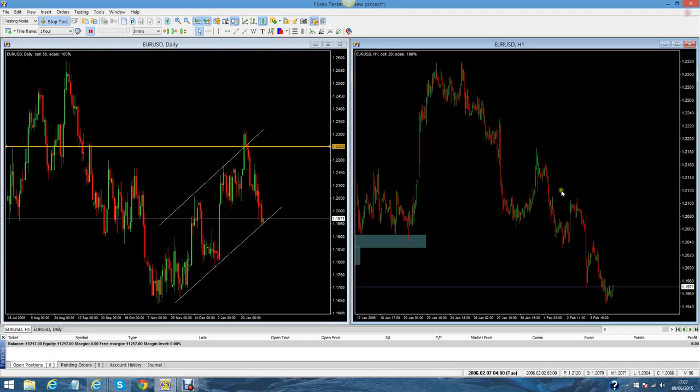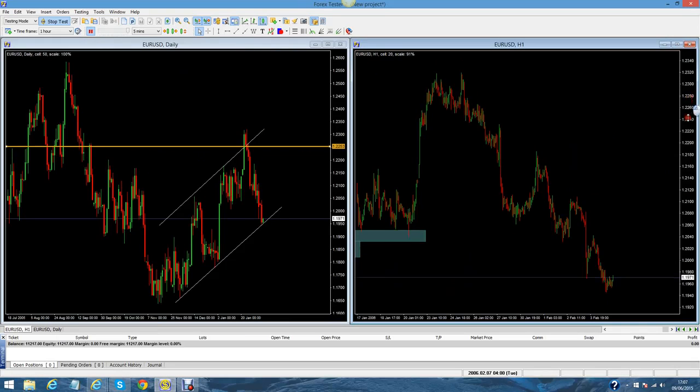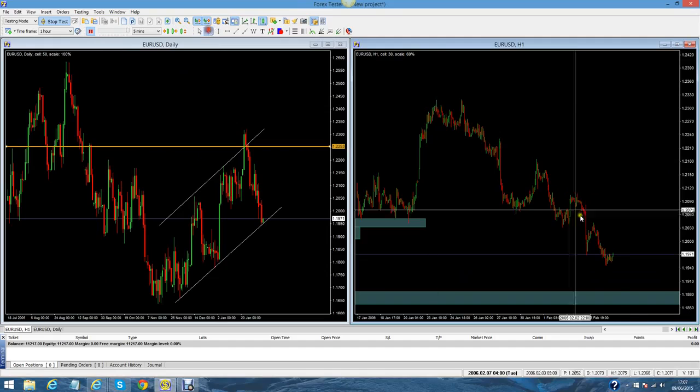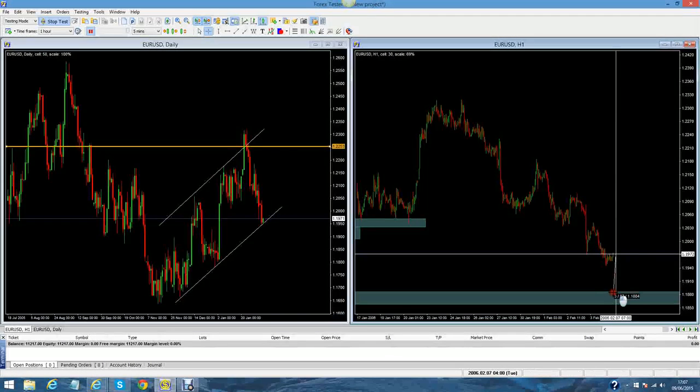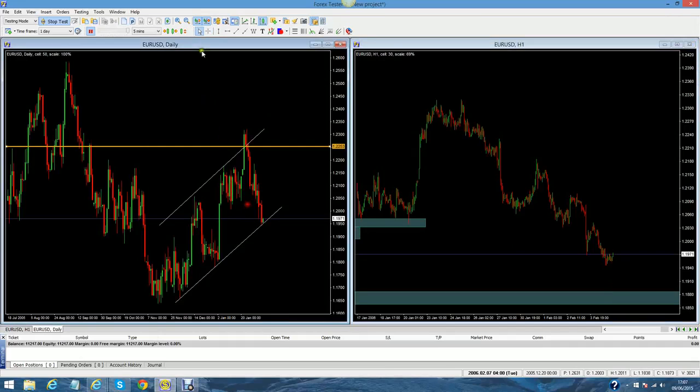Okay, the daily is the filter. Let's just see how many pips, wick down from this area into this level at 1885, and let's just have a look on the daily where that would be.